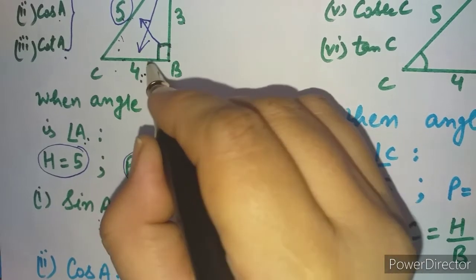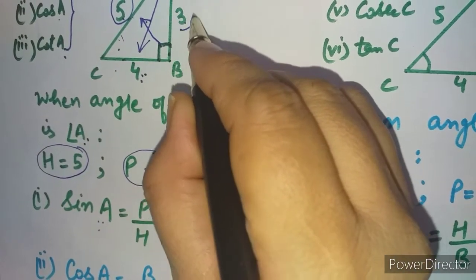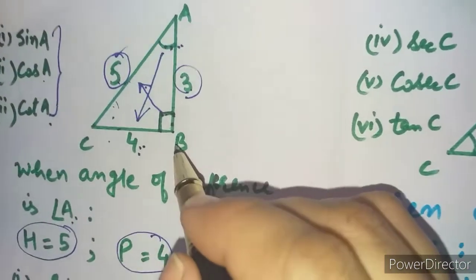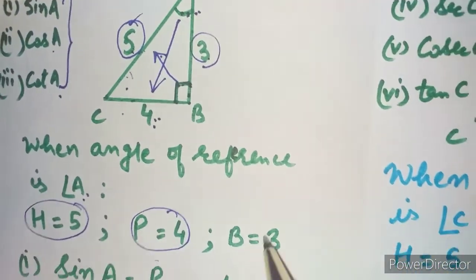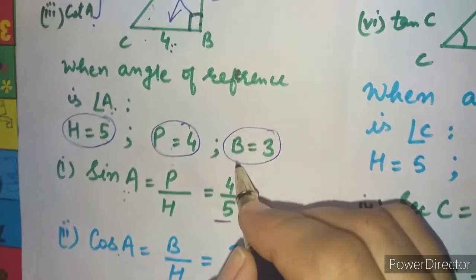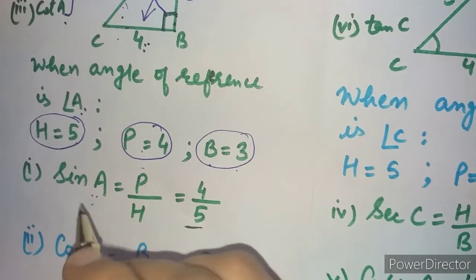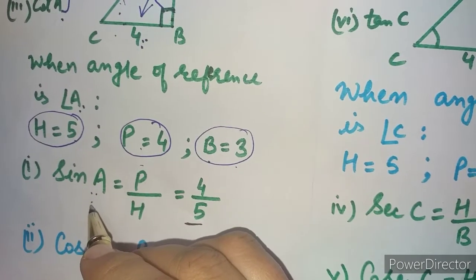The perpendicular was this, and the other side which contains the angle of 90 degrees is this side, AB equal to 3. Therefore, I have written base is equal to 3. Once all this raw material is with us, we can start putting the values in the trigonometric ratios.